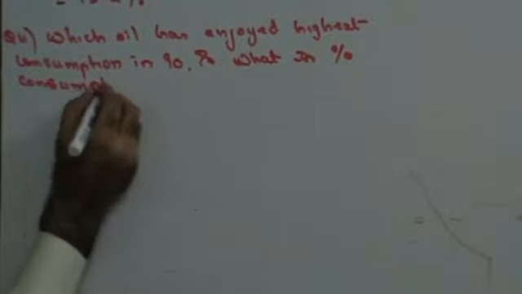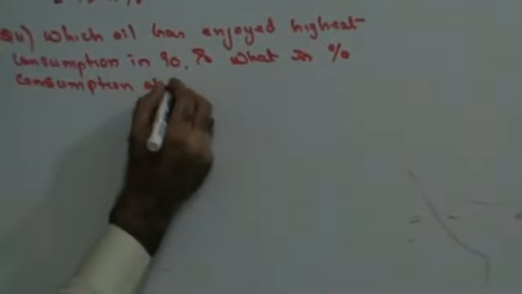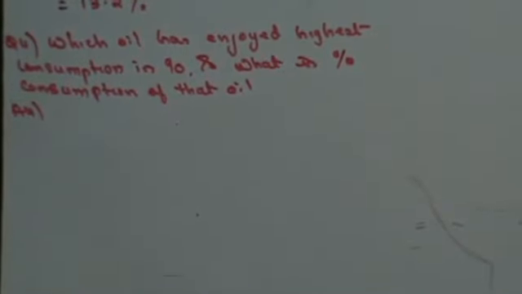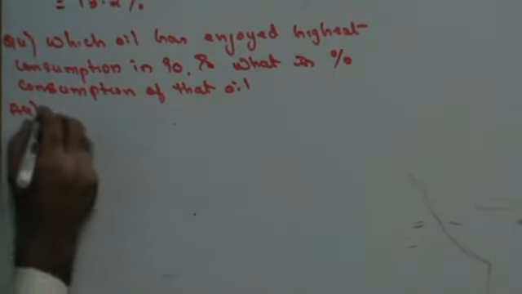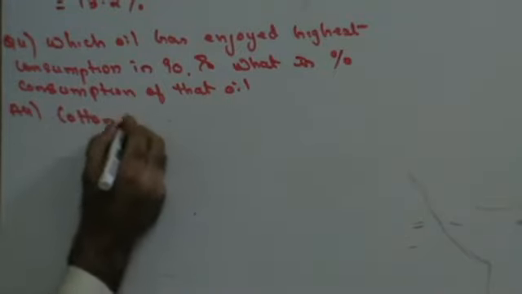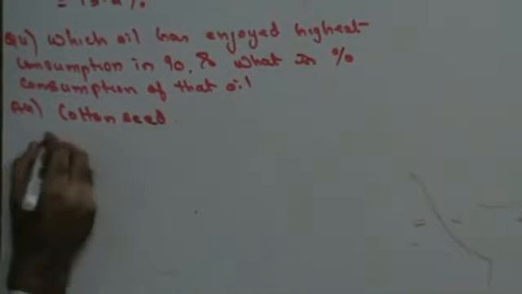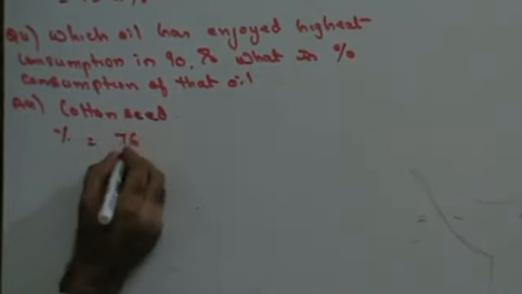If you look at the figures of 1990, the highest figure is 76, and that is cottonseed. So it has to be cottonseed, and percentage is going to be 76.